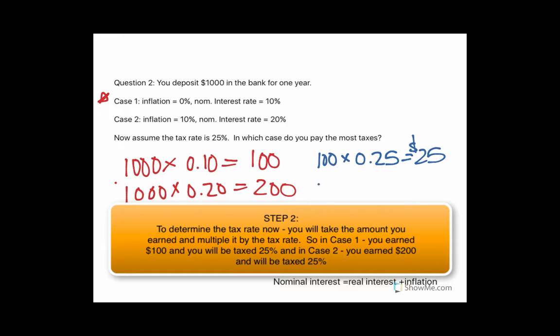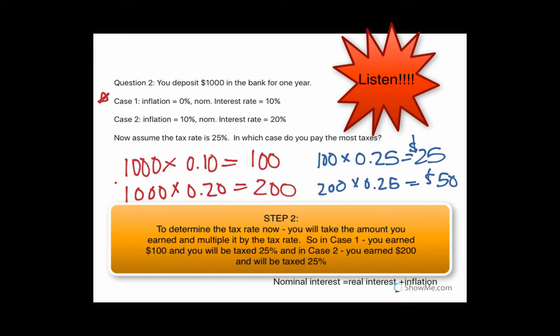In the second case, you take the 200 that you get, multiply it again by 25%, and you get 50. So even though the real interest rates are the same, you pay twice as much in taxes nominally. That's important, it's nominally, in case 2 because of the inflation.